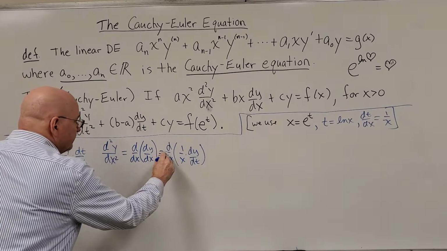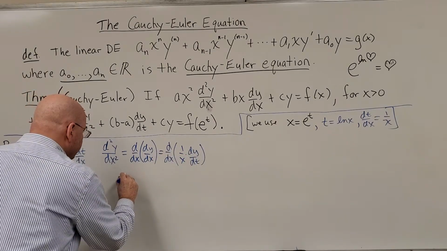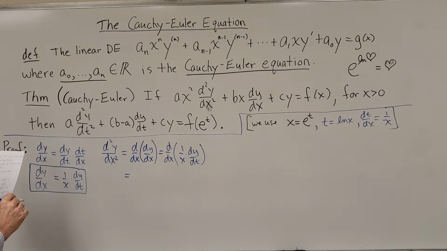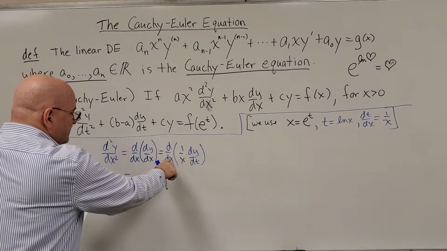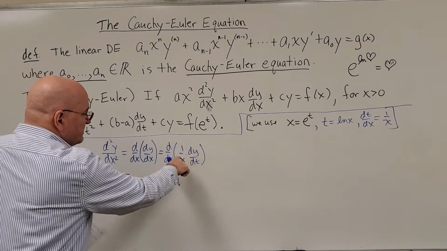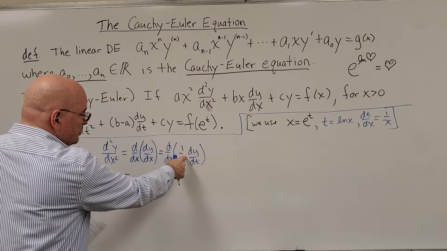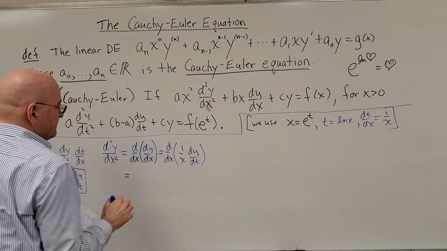And then from here, I'm going to have to write a little bit smaller. Let's see, 1 over x times, I'm going to differentiate this using the product rule, this function times that one, with respect to x.